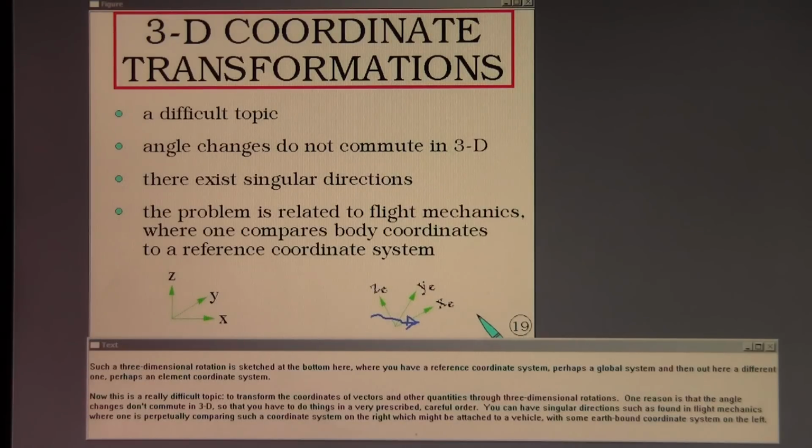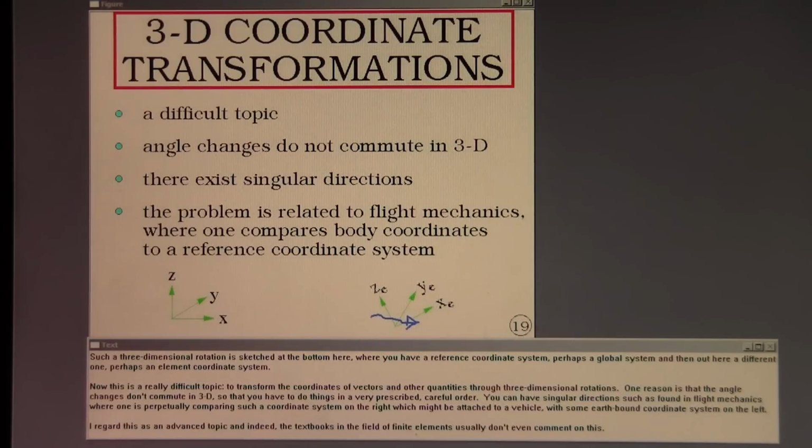Now, this is really a difficult topic to transform the coordinates of vectors and other quantities through 3-dimensional rotations. One reason is that the angle changes don't commute in 3D, so that you have to do things in a very prescribed, careful order.